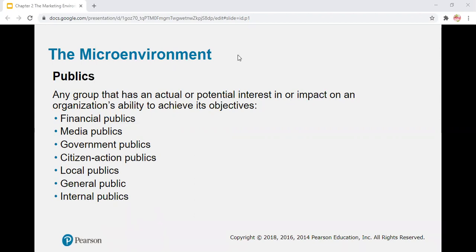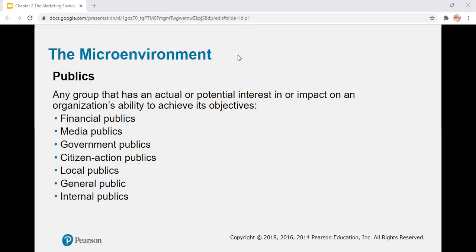Now we have here the citizen action publics. A company's marketing decisions may be questioned by consumer organizations, environmental groups, minority groups, and others. Now, the local publics: this group includes neighborhood residents and community organizations.